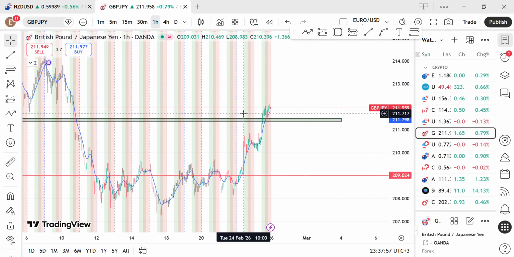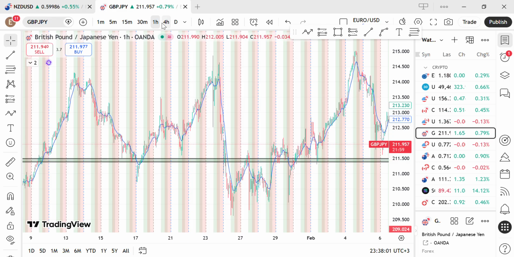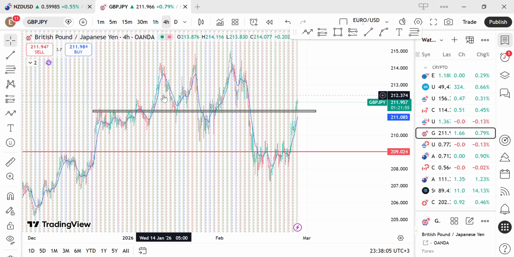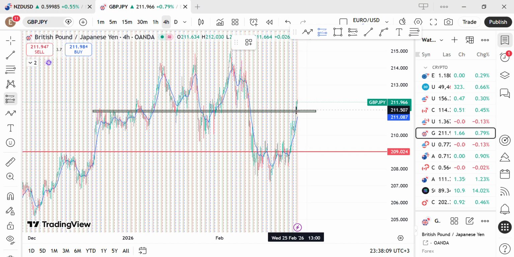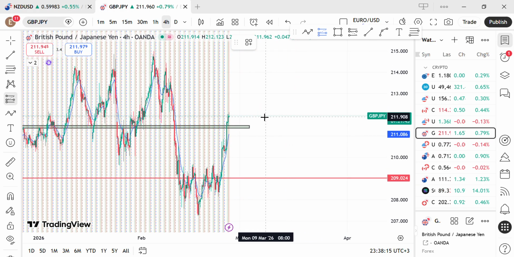Ooh, GBP, it's buying massively. But they said, don't enter off the first round. There will be a pullback.